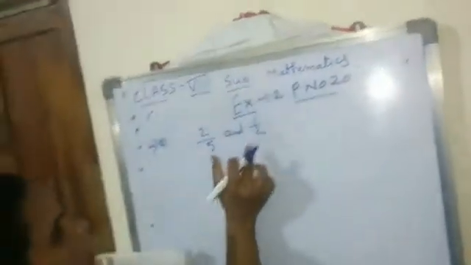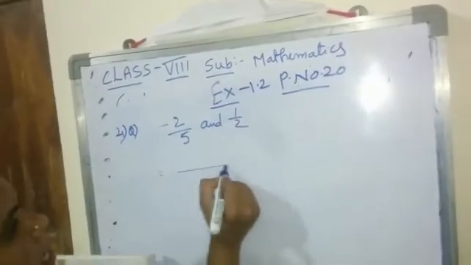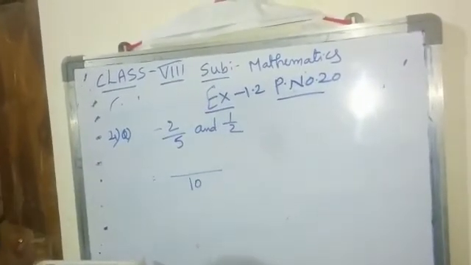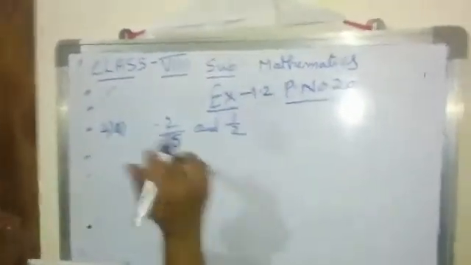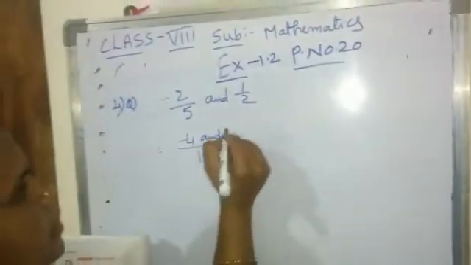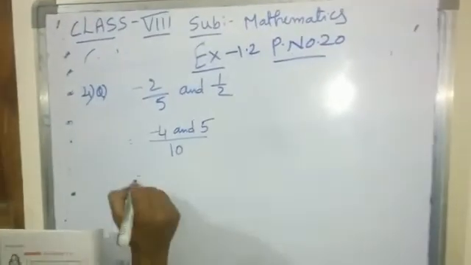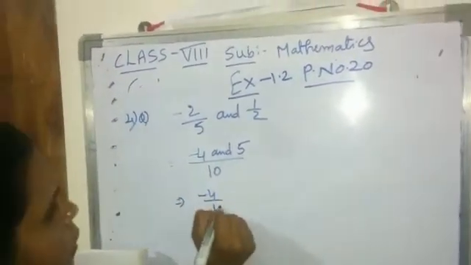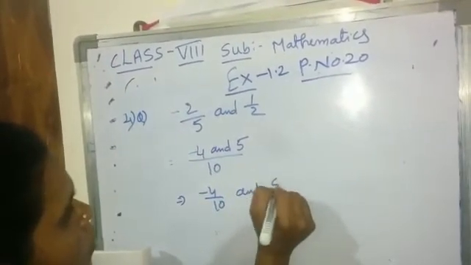Now see, children, the denominators are not equal. We should equate the denominators, that means take the LCM of the denominators. 5 twos are 10, so -2 times 2 is -4, and 2 fives are 10, so 5. It becomes -4 by 10 and 5 by 10.